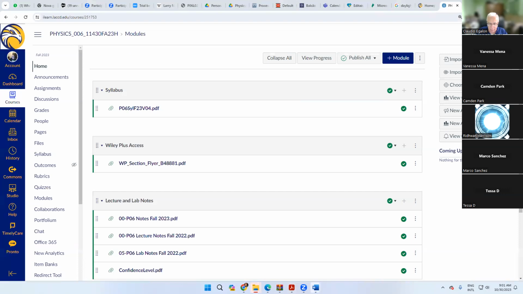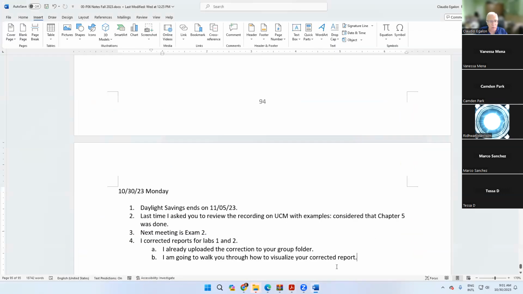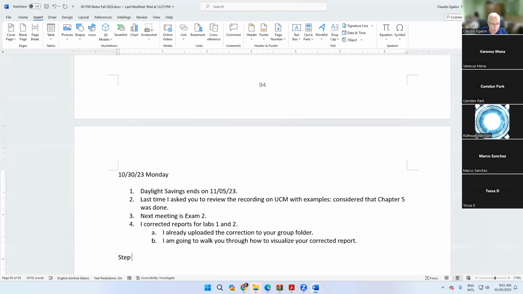I'm just going to copy and paste in the updated notes. Okay, corrected reports. I'm going to walk you through how to visualize your corrected reports. Okay, step-by-step instructions on how to see your grade, your lab report grade.